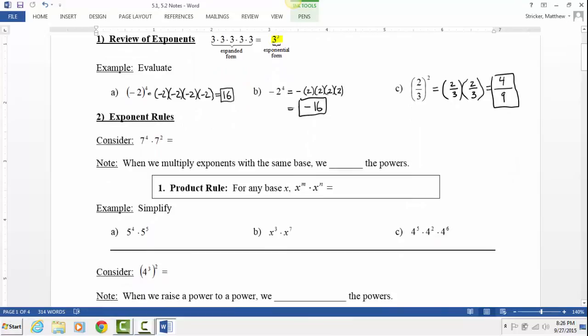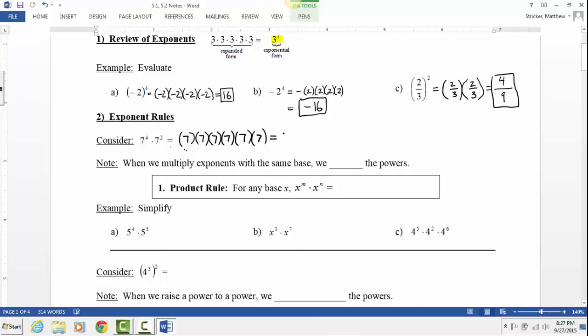So the first problem I want to consider is what happens when we have 7 to the 4th times 7 squared. So we multiply an exponent times an exponent. And remembering our rules, this was 7 times 7 times 7 times 7. That was the 7 to the 4th. And the 7 squared is 2 more 7s. So altogether, how many 7s is that? 1, 2, 3, 4, 5, 6.